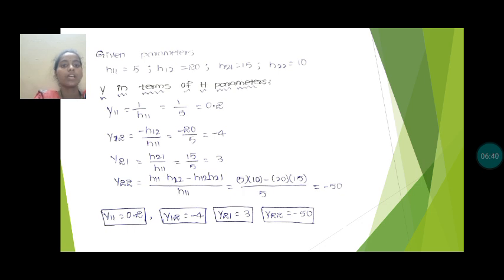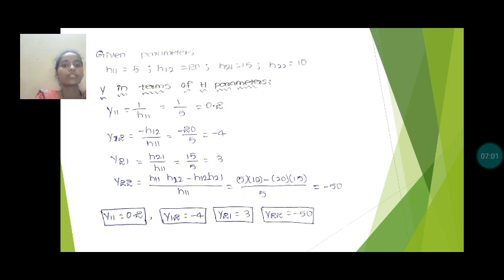Y21 equals H21 by H11 equals 15 by 5 equals 3. Y22 equals (H11 H22 minus H12 H21) by H11.